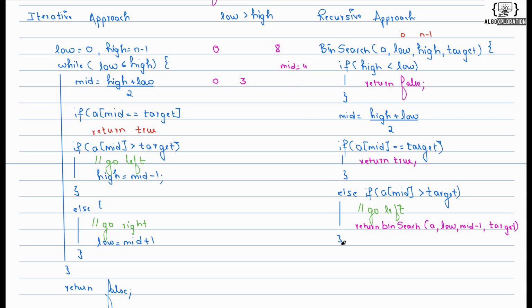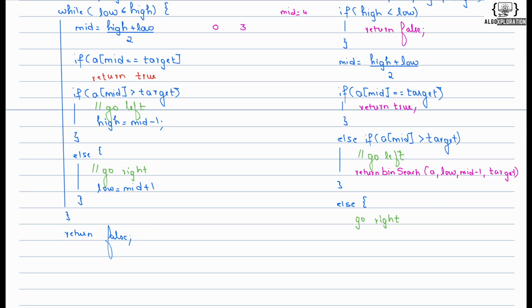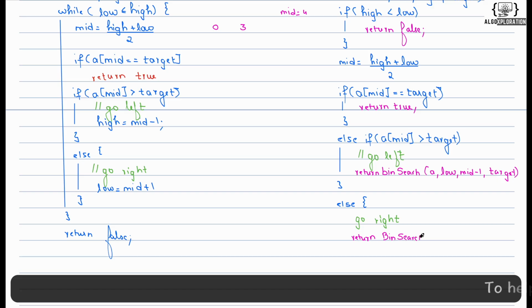And else, that means mid value is actually lesser than target. So in this case, we have to go on the right hand side. So go right. That means return binary search in which A will be as it is.